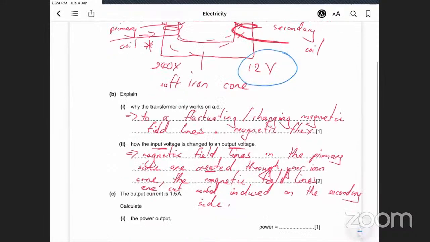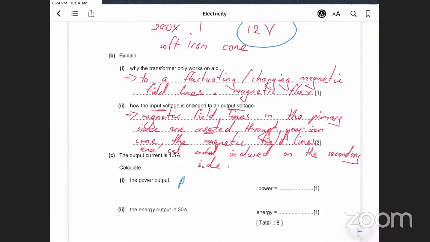So we're using the equation P equals VI, simply multiplying the 12 times the 1.5. What is my answer? 18 watts.